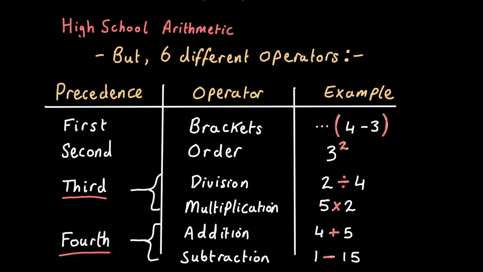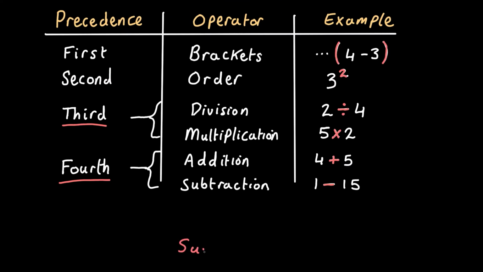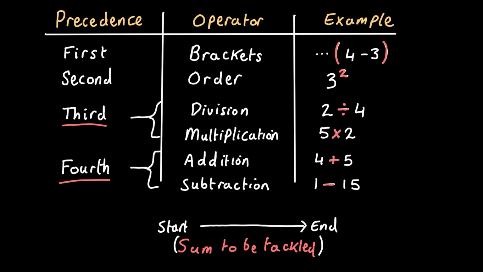Notice here that I've grouped division and multiplication third. I've also grouped together addition and subtraction as fourth. The reason why they're grouped together is because as we work through the sum from left to right, we evaluate divisions and multiplications as they are encountered. This sounds quite complicated, so let me try and clear this up with some examples.